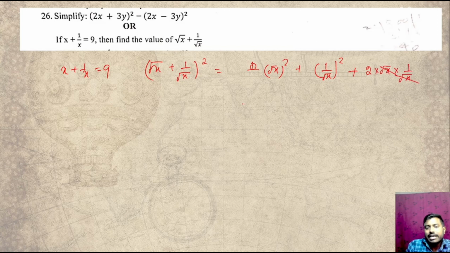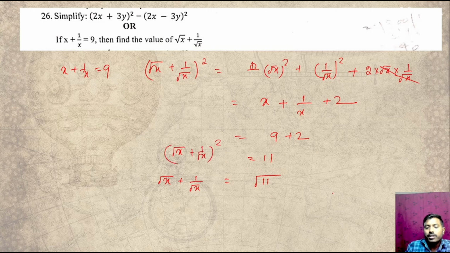Then root x square is x plus 1 by root x square is 1 by x plus 2. Now put the value, that is 9 plus 2 equals 11. So root x plus 1 by root x equals square root of 11. Okay, so the answer is square root 11. Clear? Next question.